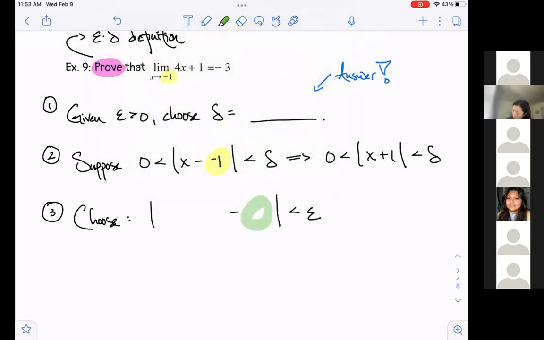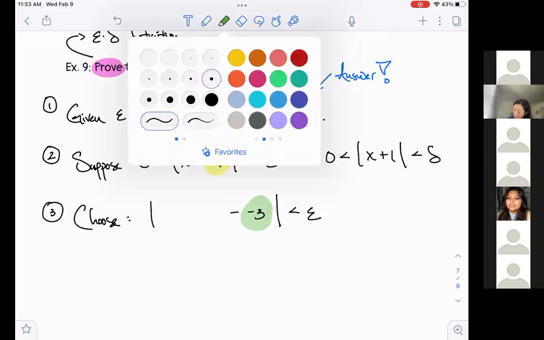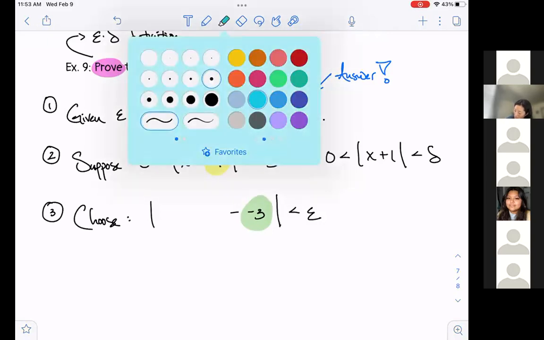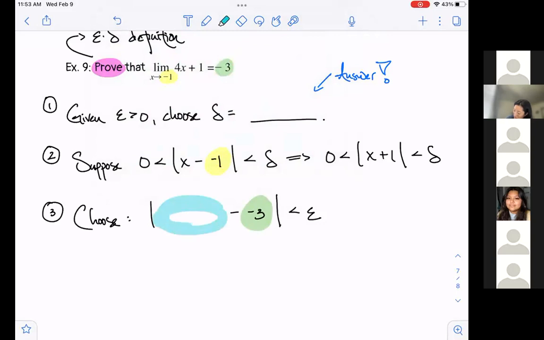Yeah, so this is going to be our L, -3. Better be careful about that sign as well. And then what do we put in for our f of x? Great, 4x plus 1.